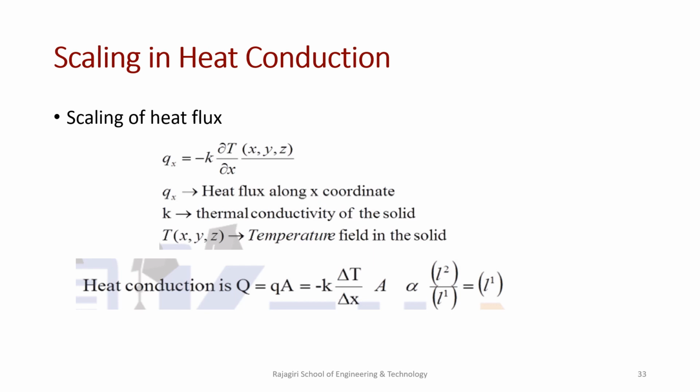Now converting each of these parameters into their equivalent linear dimensions, K is not linearly proportional to the linear dimension, neither is delta T, but area A is proportional to L square and delta X is proportional to L raised to 1. So this sums up to the heat conduction Q being proportional to L raised to 1.